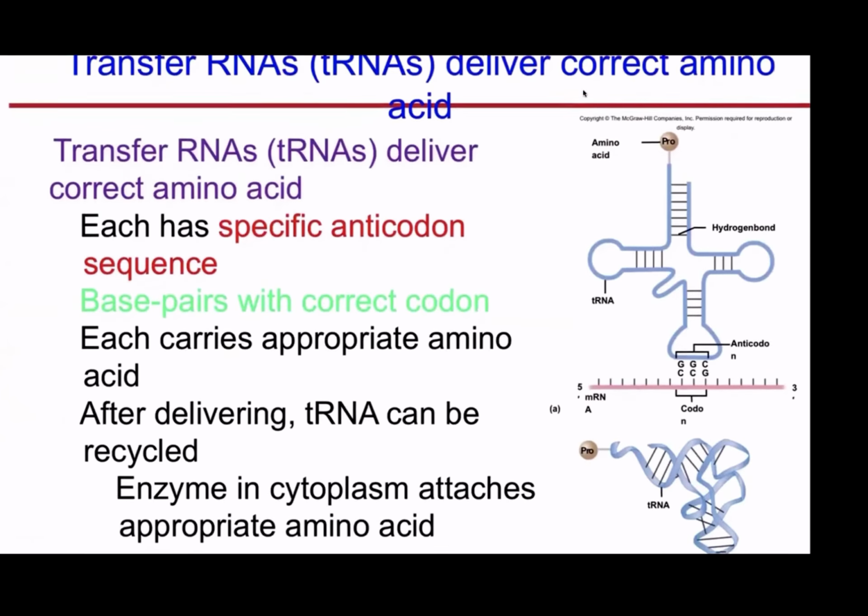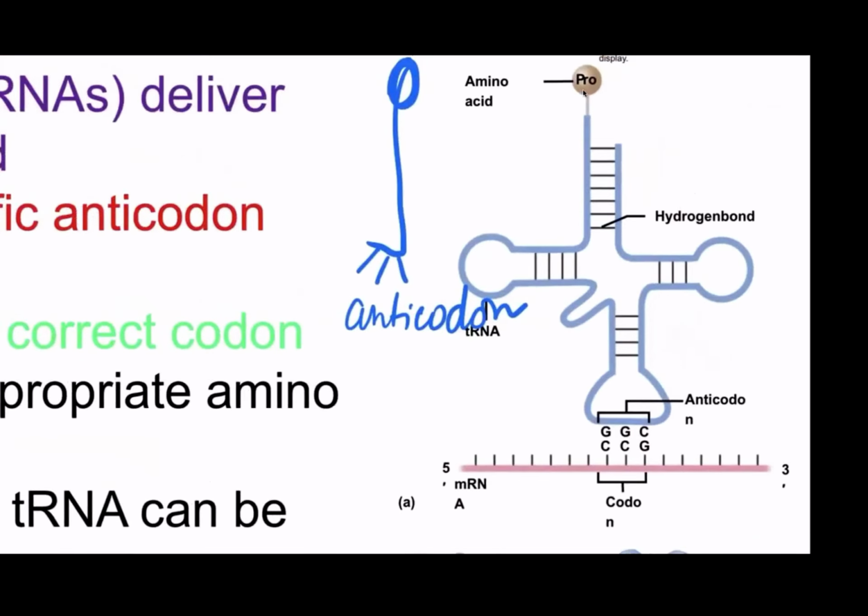This is the structure of tRNA. I was drawing it like this for simplicity. This is the tRNA, the anticodon loop. We call it anticodon because the codon is present on mRNA. And they get charged with the amino acid. Amino acid charging means this single RNA molecule acquired this conformation.